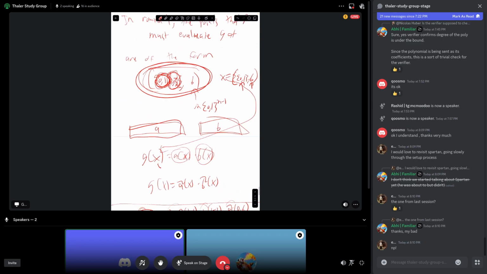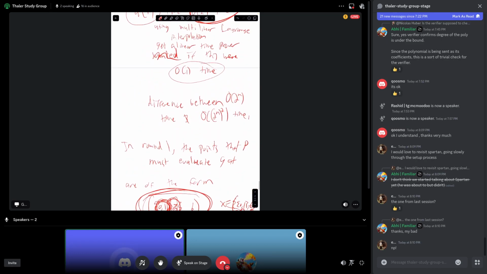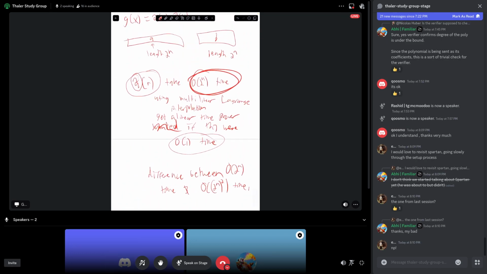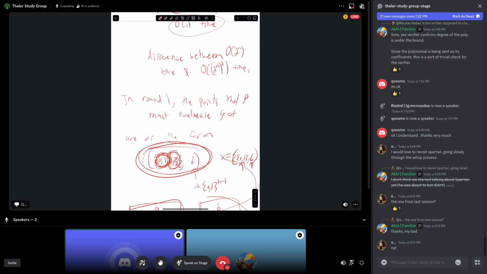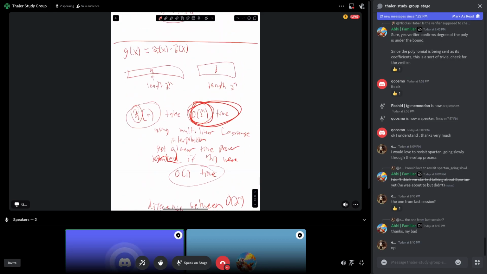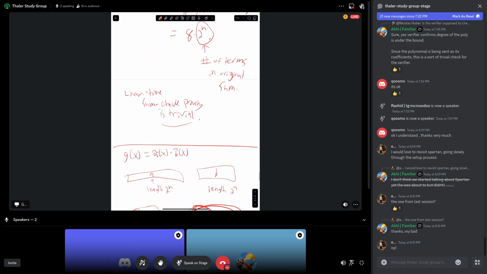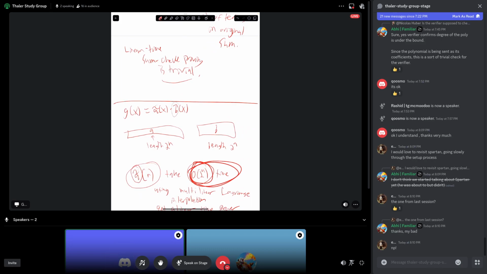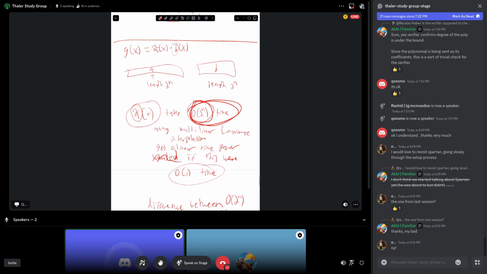While a twiddle evaluated at an arbitrary point takes order 2 to the n time, in round 1 the prover only needs to evaluate a twiddle and b twiddle at points where it can get the evaluations in constant time.